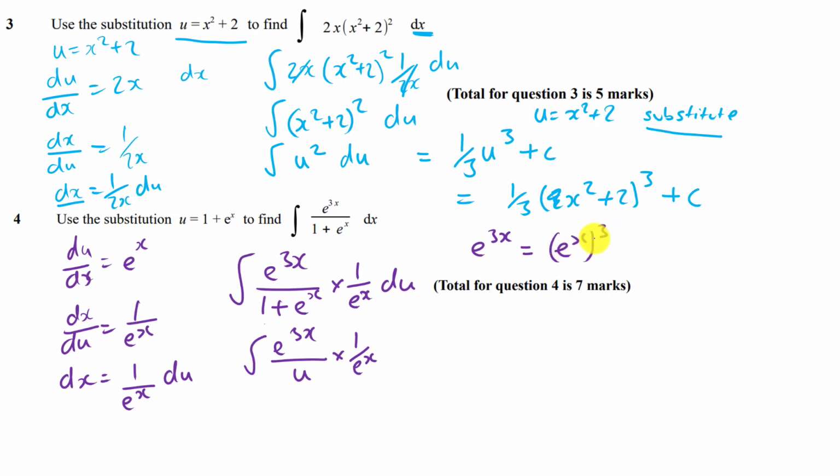Does that make sense? Because you multiply the powers? Yeah, it does. So if you're dividing this e to the x cubed by e to the x here, can you see that's going to become e to the x squared? Yeah. Okay.